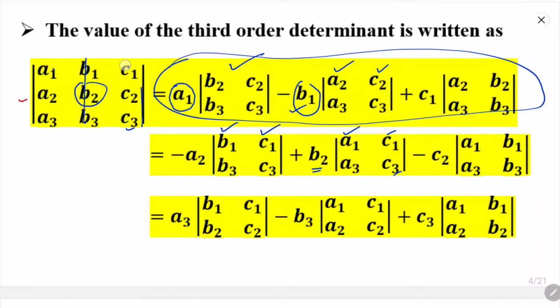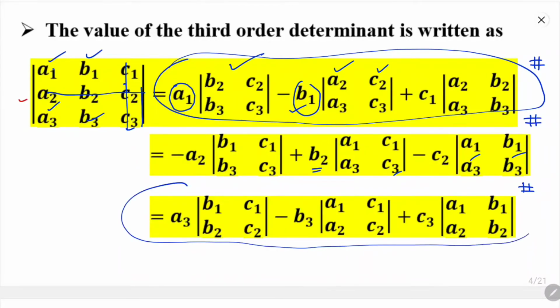Okay, now minus c2, hide c2: a1 a3 b1 b3. So this value and this value both are the same, as well as these two.